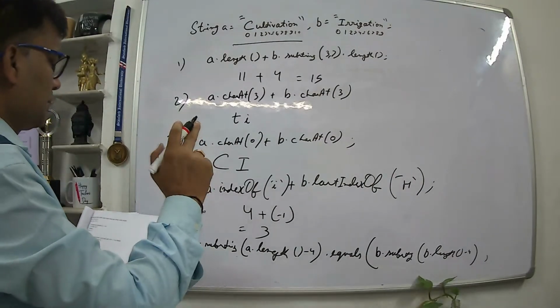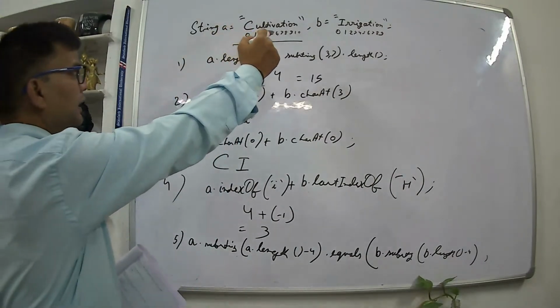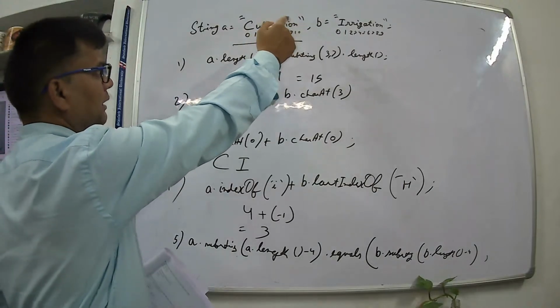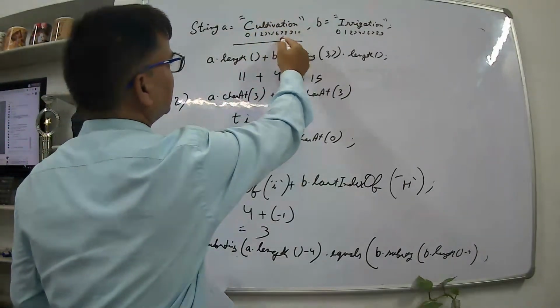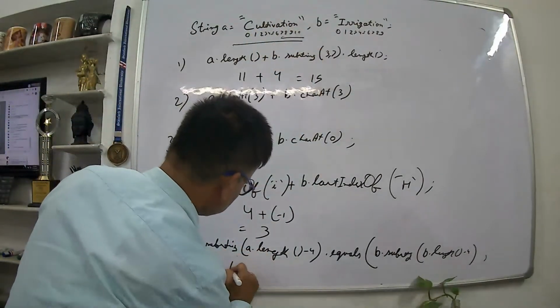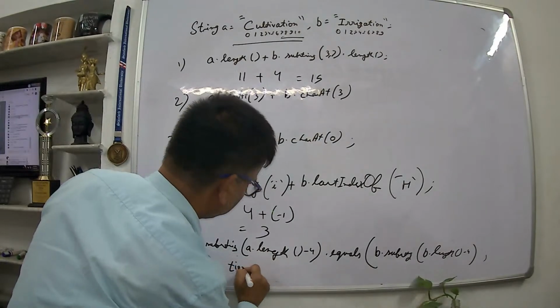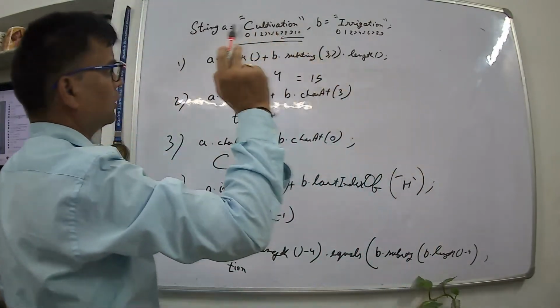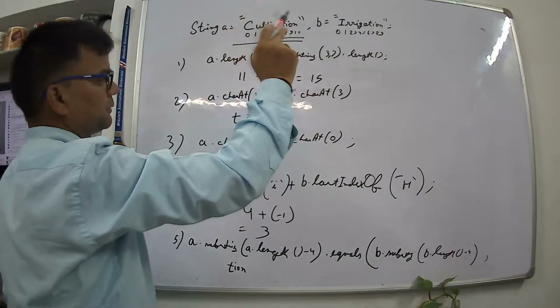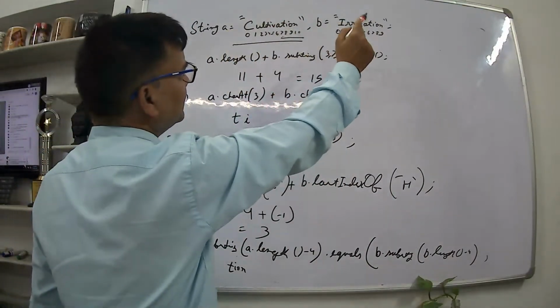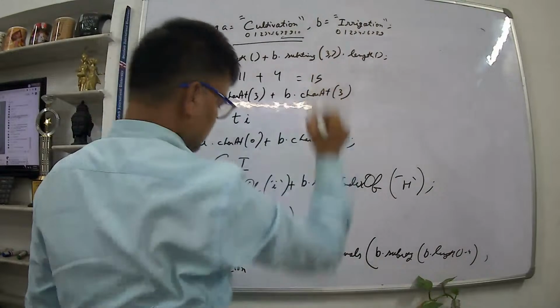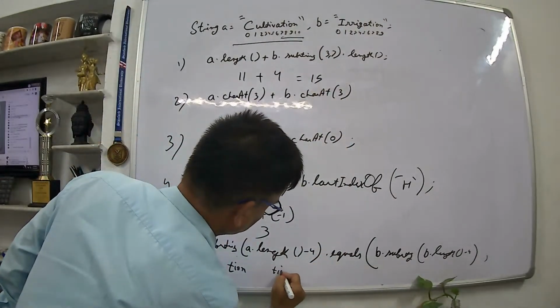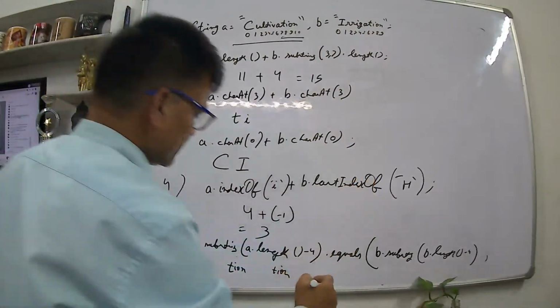Now A.substring(A.length() - 4): length is 11, 11 minus 4 is 7, so 7, 8, 9, 10. So it is TION. Now B.substring(B.length() - 4): B length is how much? 10. 10 minus 4 is 6. So it is TION. It is equal. So the result will be what?